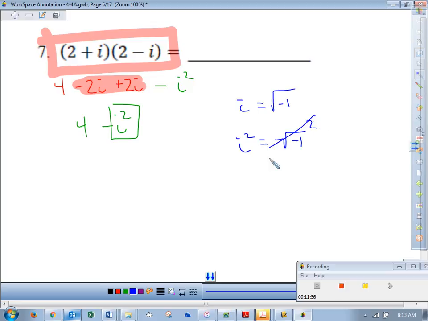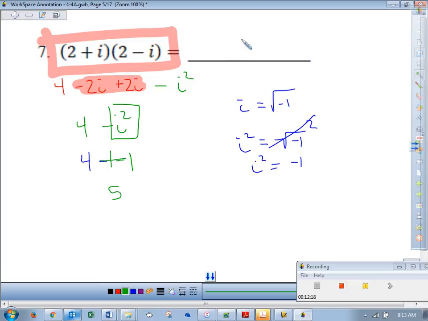Doesn't the square and the square root cancel each other out? And this is really negative 1. i squared equals negative 1. So what you have is 4 minus negative 1. What's minus a minus turn out to be? Plus. So isn't this really 4 plus 1, which is how much?